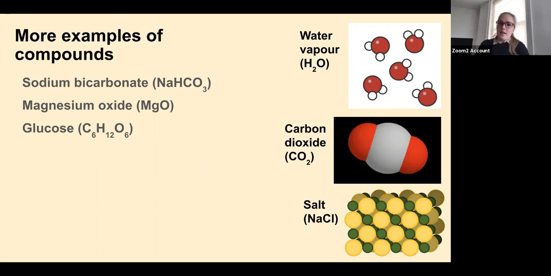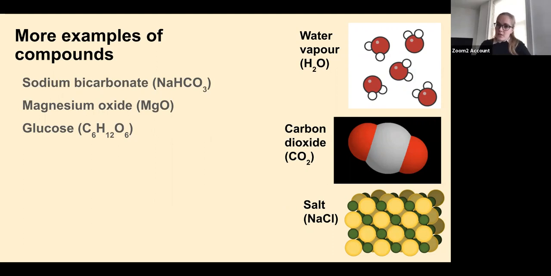One thing you will notice when you look at these is that they all have a specific formula, so they all have a specific structure. For example, water vapor is always going to be H2O. It's never going to have 4 hydrogens and 7 oxygens because then it wouldn't be water anymore.